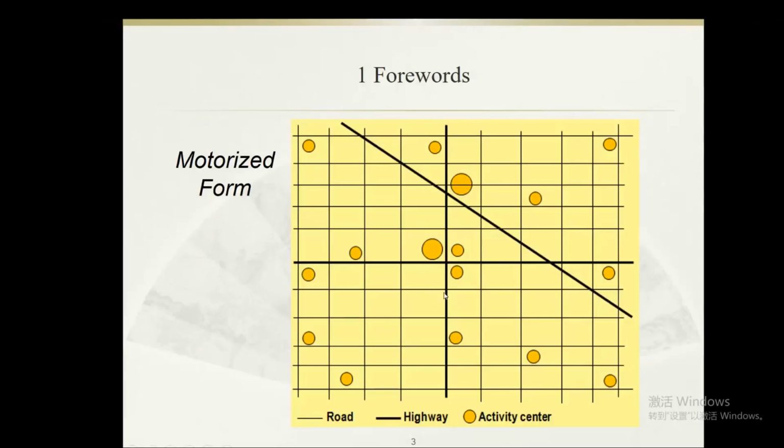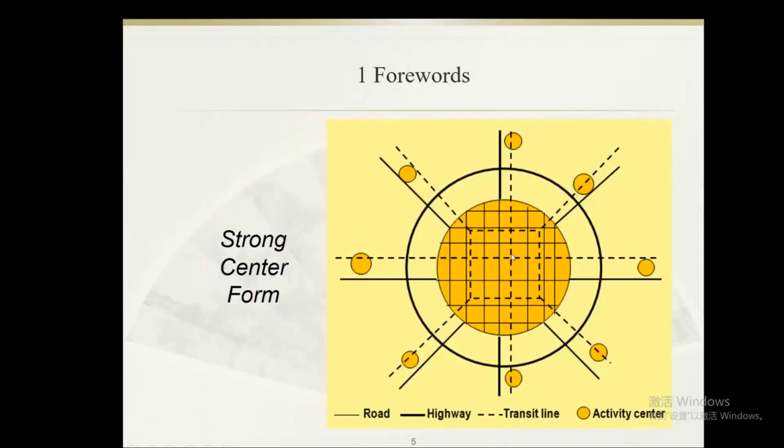If you live inside this city, the land use characteristics decide that you choose your private car. If you choose your private car and go everywhere, the land use will be more scattered. If you live inside this city and choose public travel modes, metro line, bus, then land use is more concentrated.